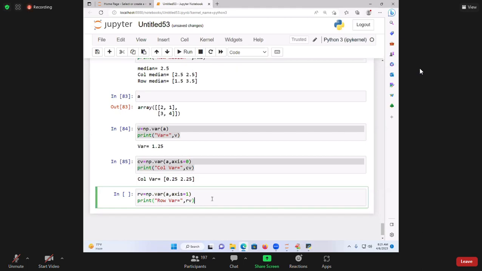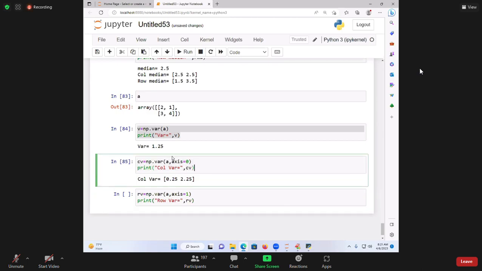What is the data? 2 and 1, sum 3, 3 by 2 is 1.5. 2 minus 1.5, 0.5 whole square is 0.25. 1 minus 1.5, 0.5 whole square is 0.25. 0.25 plus 0.25 is 0.50 by 2, so 0.25 is the answer.